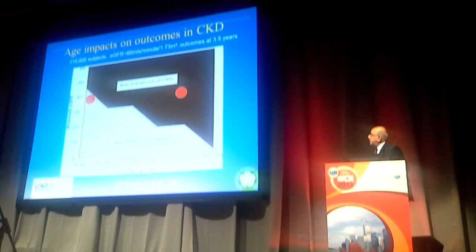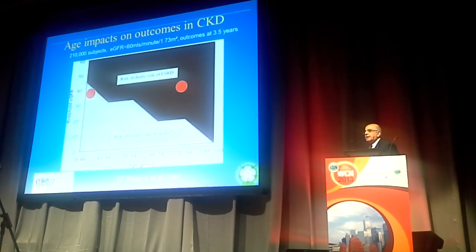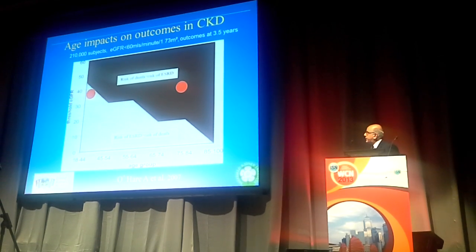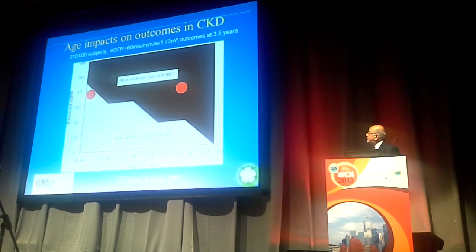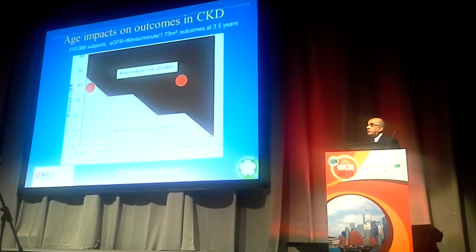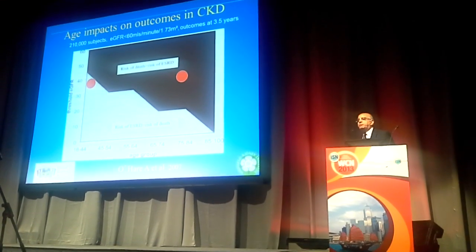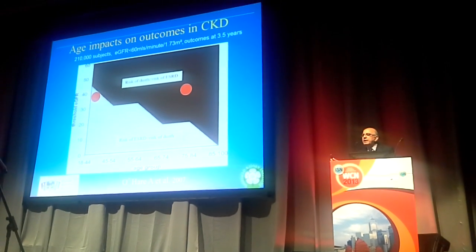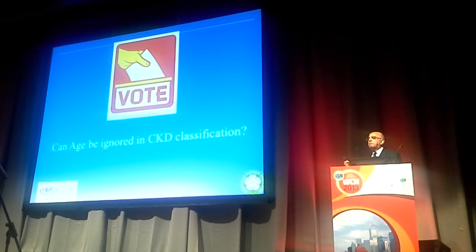Not only in my opinion, no, but also prognostically, they are likely to have a different course. The younger patient is likely to progress to ESRD. The older patient with the same GFR is likely to die from cardiovascular disease before he reaches end-stage renal disease. So we're looking at two different categories.